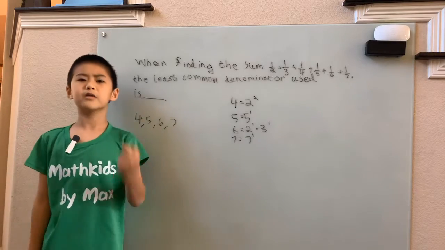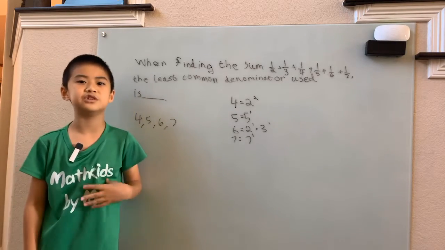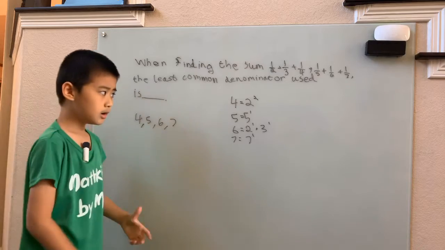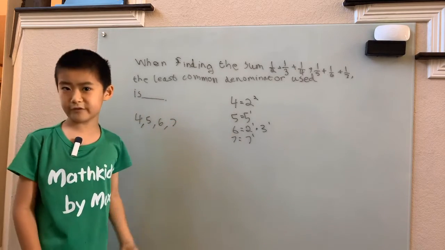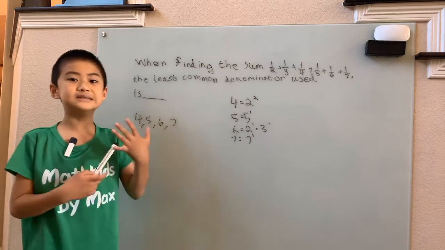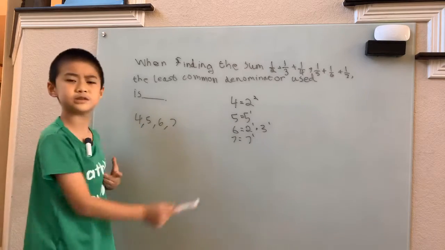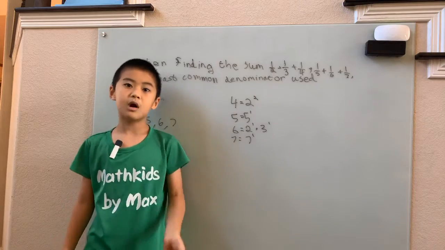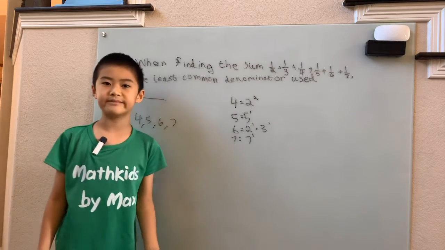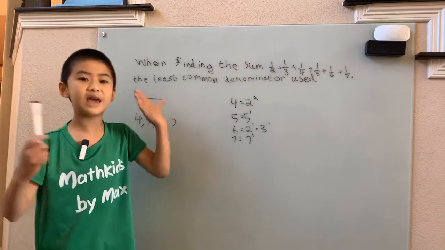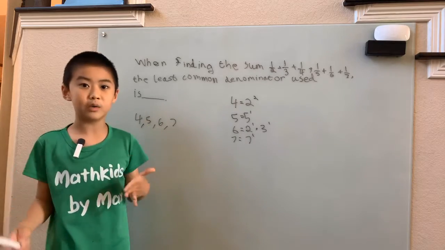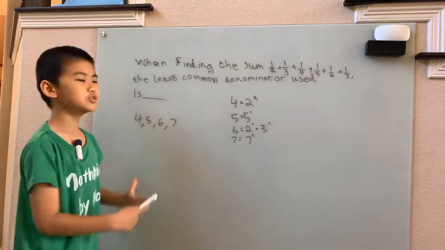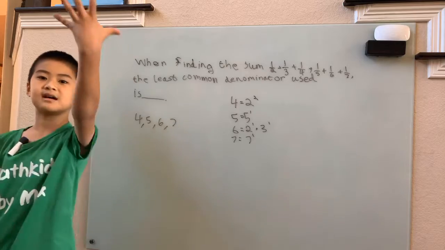If we only have one 2 in the prime factorization of our resulting number, then it won't be a multiple of 4, because 4 is 2 squared, but 6 only has one factor of 2 in it. That means if your number only has one factor of 2 in your prime factorization, then it cannot be a multiple of 4. Got that? So that's why we want to pick the highest factors.